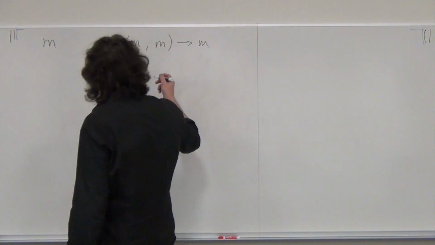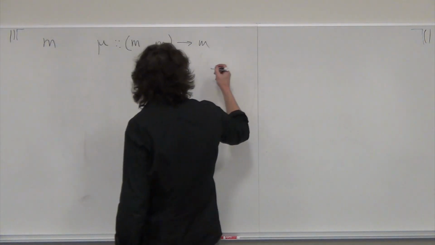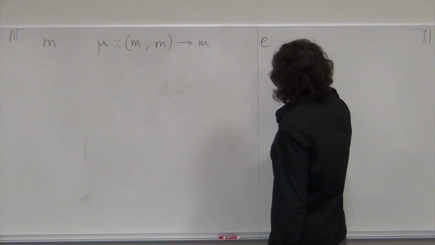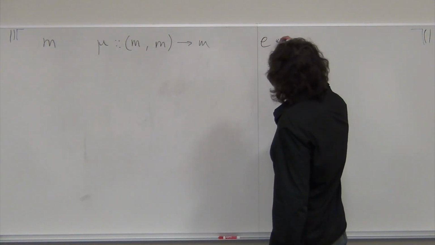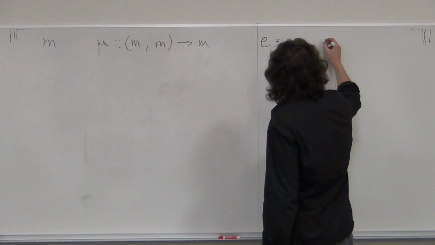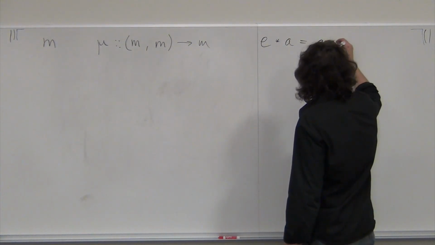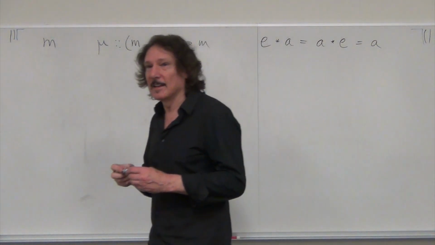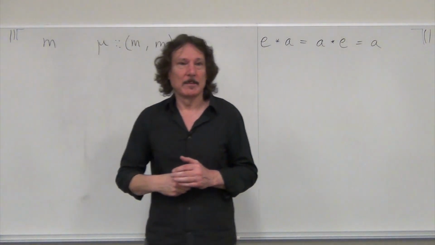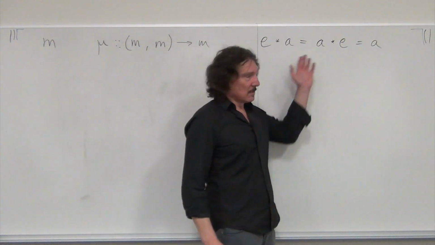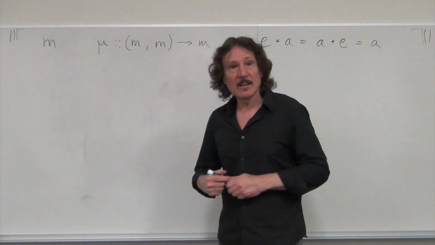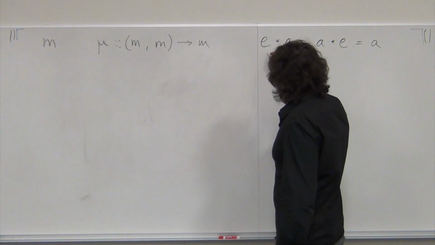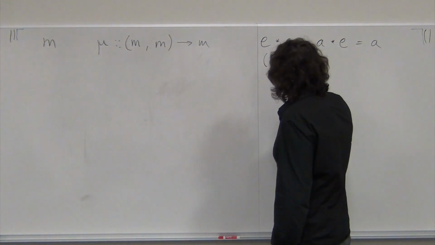And there is also one special element called unit. Let's call it E, such that E times anything equals anything times E equals anything, right? This anything, I mean, the same element, right? So this is the unit law. And the other thing that was necessary, so that's almost complete. Another thing is that it's associative.